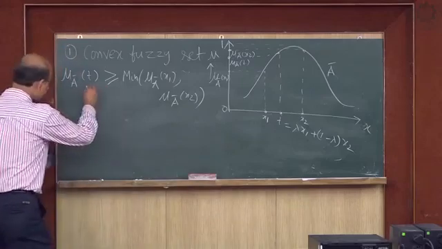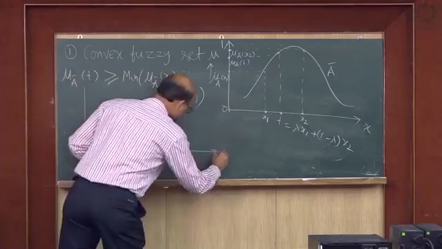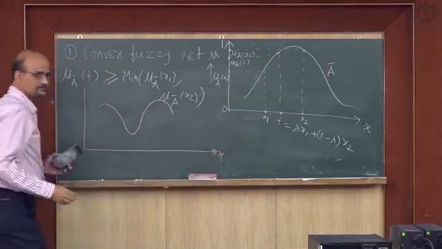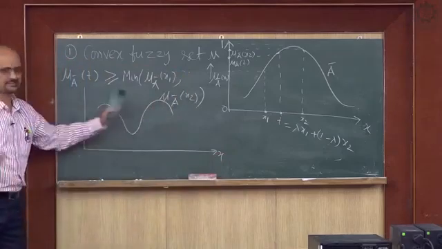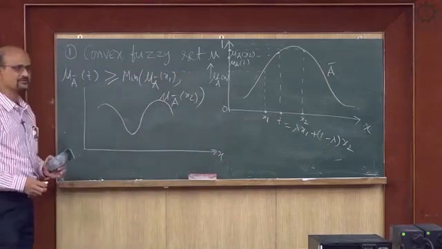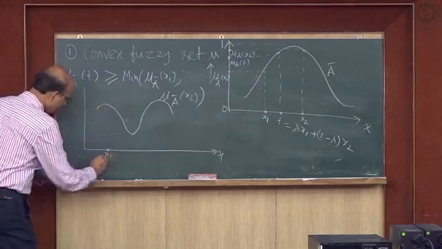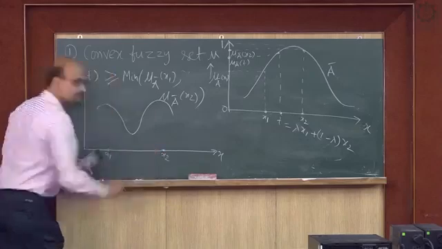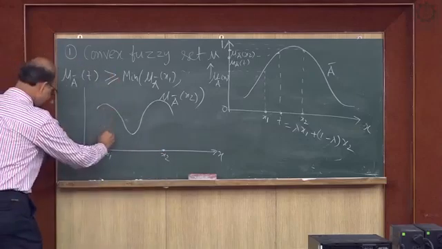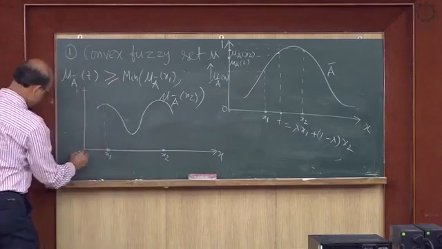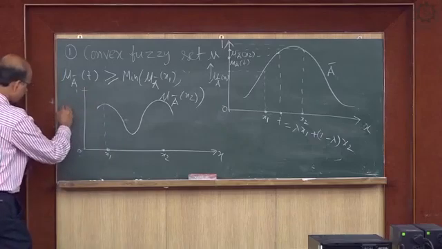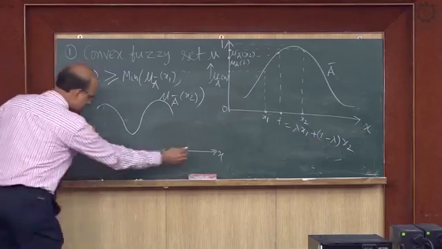Now, let us take a shape like this. Suppose this is a fuzzy set. Let us see whether it is convex or not. Let us take a point x1 here and a point x2 here. I draw the axes: here 1 and 0, this side is mu, the membership value, and this is x.